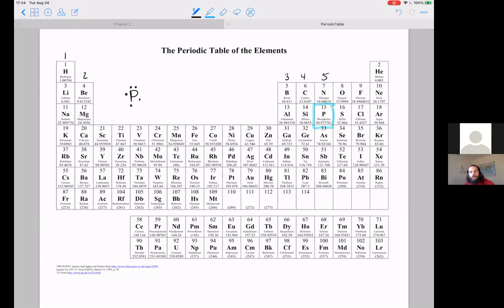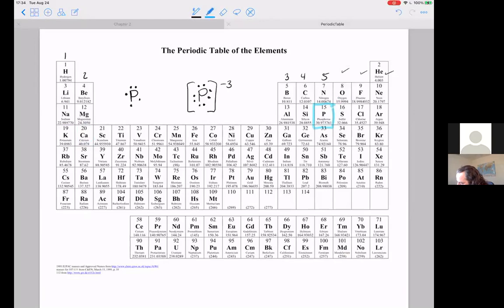And then if it wanted to get to 8 to form what would be called the phosphide ion, how many electrons would we need to add? Right, so we would need to add 1, 2, 3 in order to get to our 8. So this would now be a full octet, which is what we wanted, with a charge of -3.